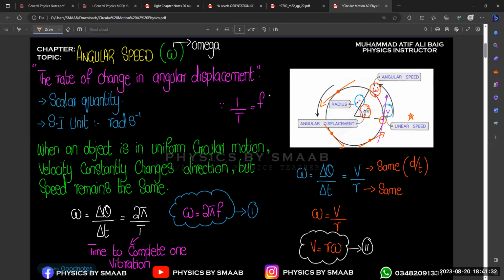That we already discussed in the previous IGCSE section related to centripetal force and centripetal acceleration. Any confusion? No. Okay.